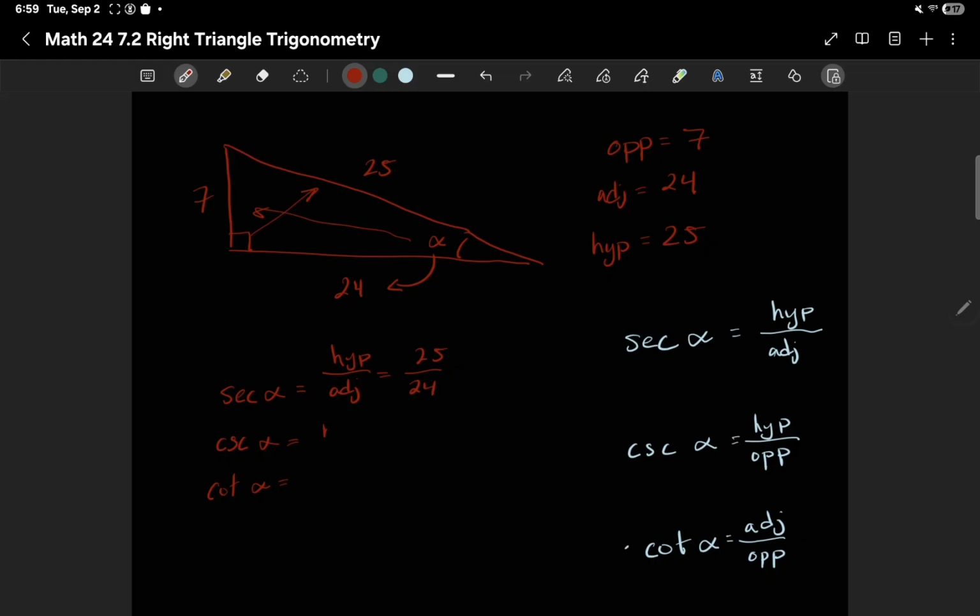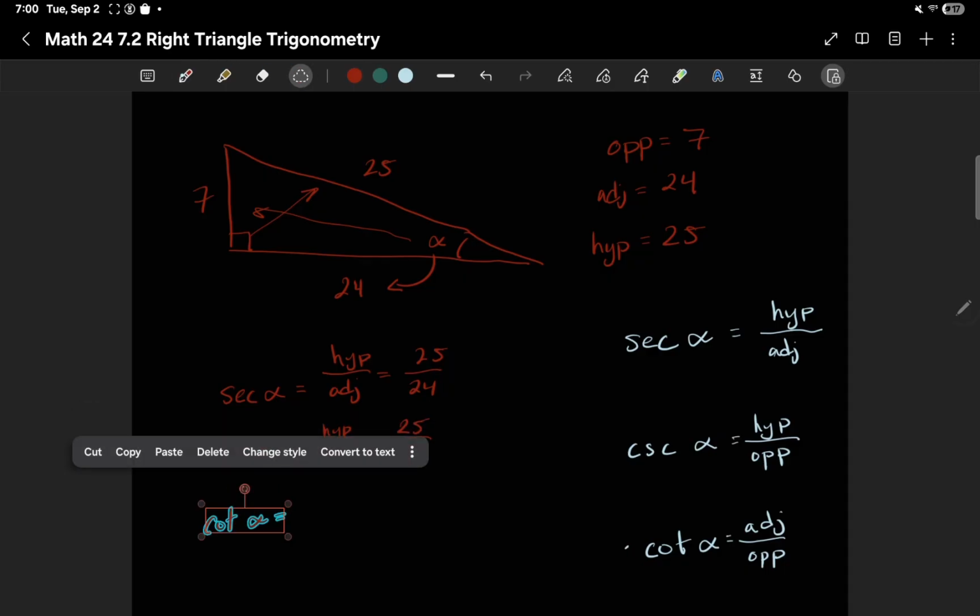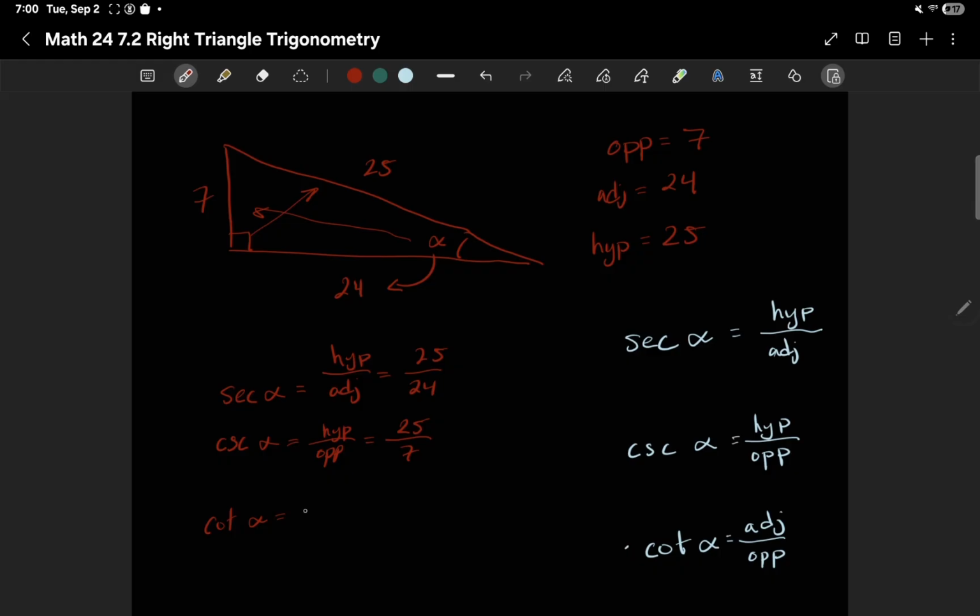Cosecant of alpha will be hypotenuse over opposite, which we will have as my hypotenuse being 25 and my opposite being 7. And then cotangent, let me make a little room here, is equal to adjacent over opposite.